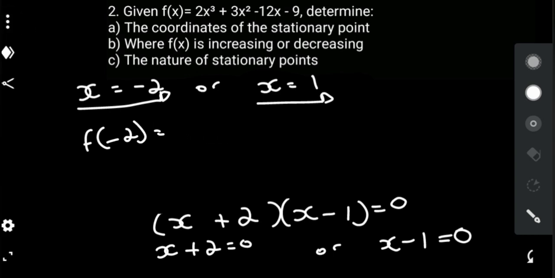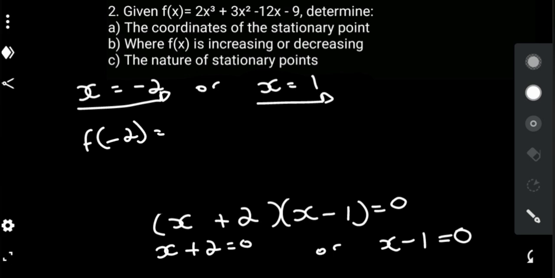So if you substitute -2 into the original function, we're gonna get this value. Let me punch this on my calculator. -2 squared minus 12 into -2 minus 9.